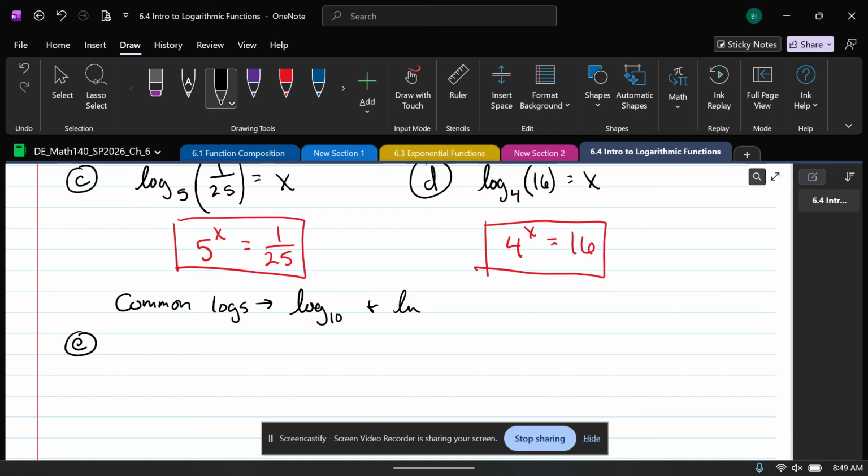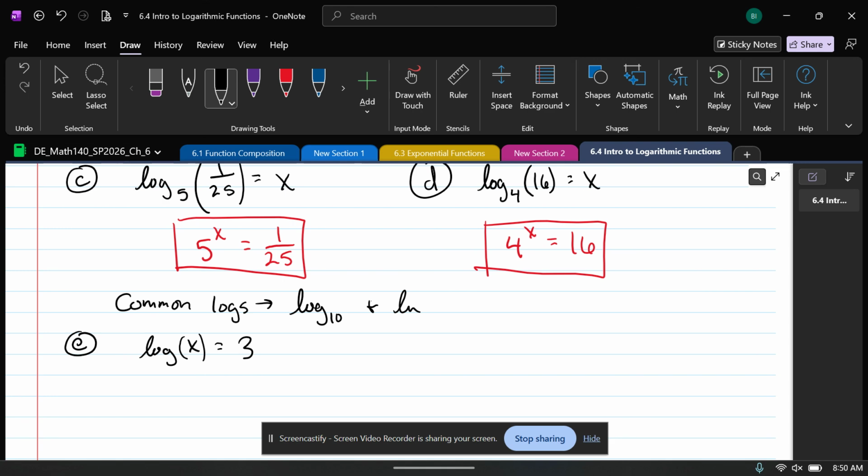Okay, so log base 10, when they write that, they don't usually put the 10 down there. They write it as just log x equals 3. That's how they'll write log base 10. Sometimes you will see it there, not very often. So if there's nothing written there as the base, it's an understood 10.